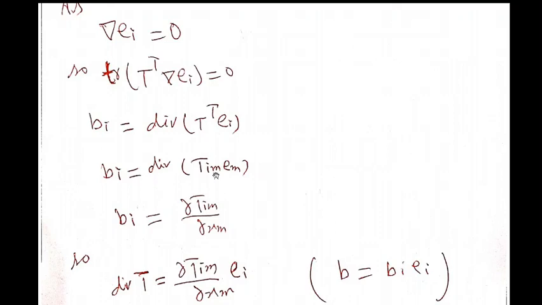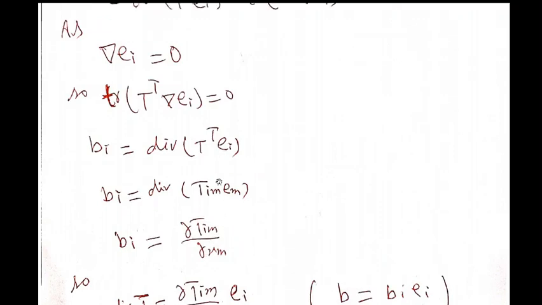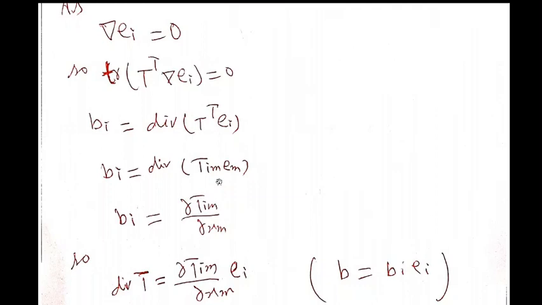Simply their derivatives will give the divergence. For a vector V with components V1, V2, V3, the divergence is partial V1 partial x1 plus partial V2 partial x2 plus partial V3 partial x3, which we can write as partial Vm partial xm.